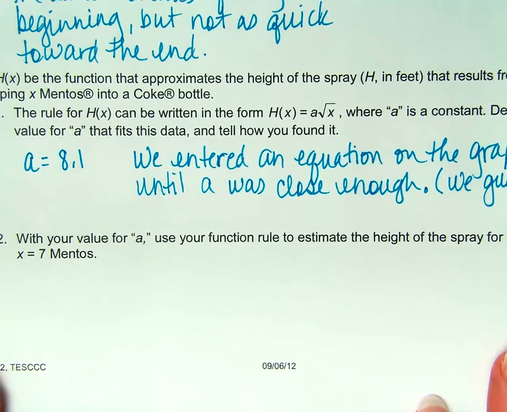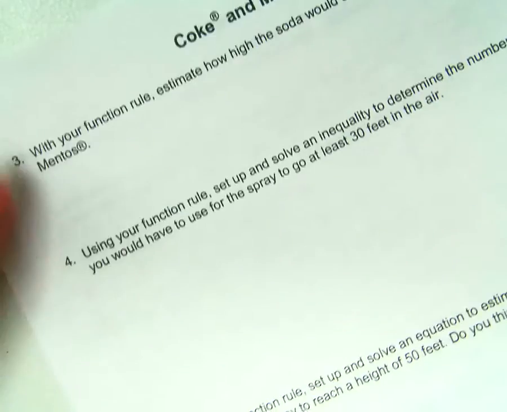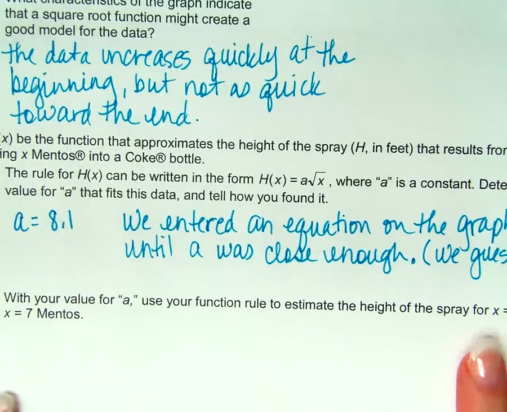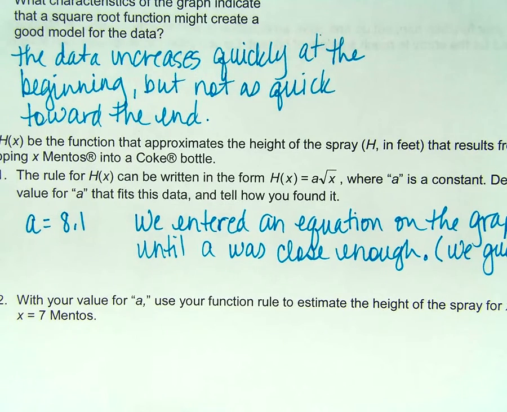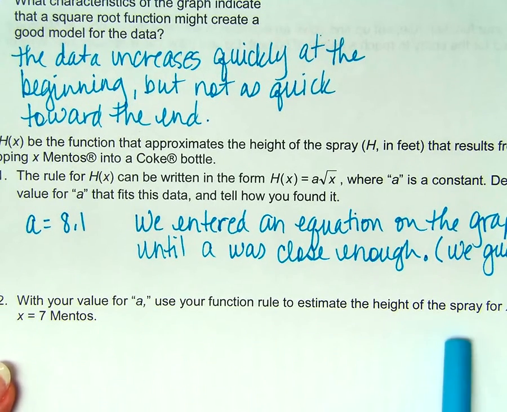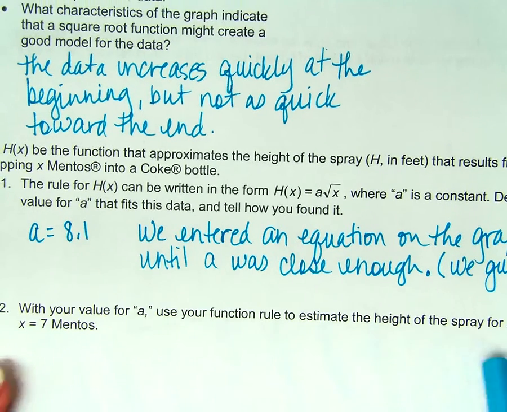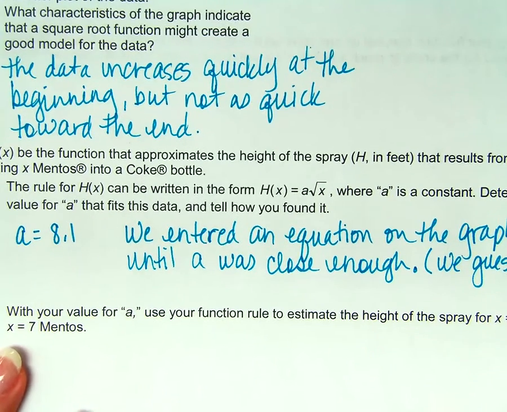The rest of the worksheet I'm going to leave for you to do. Okay? Questions number 2, 3, 4, and 5 are your homework. Let me talk through some of these with you first before I just let you go. With your value for A, use your function rule to estimate a height of the spray for x equals 5 and x equals 7 Mentos. Why do we care about those two x values?